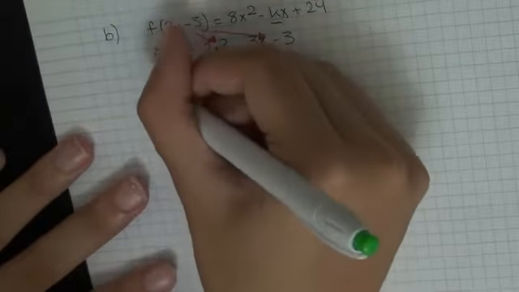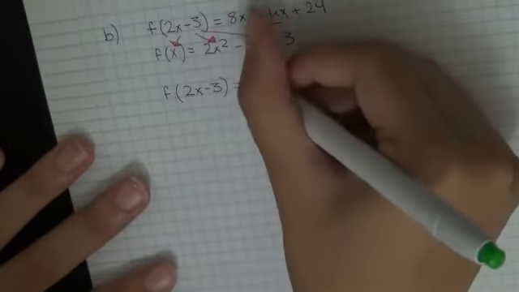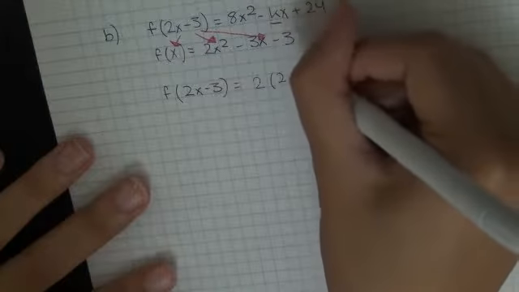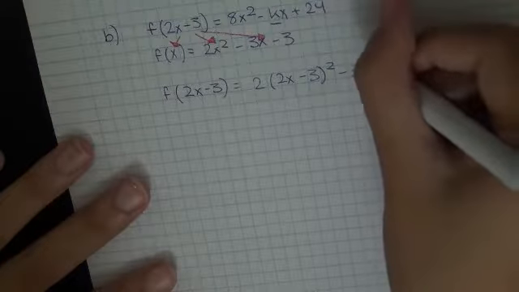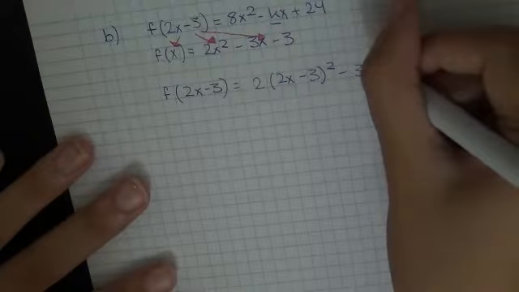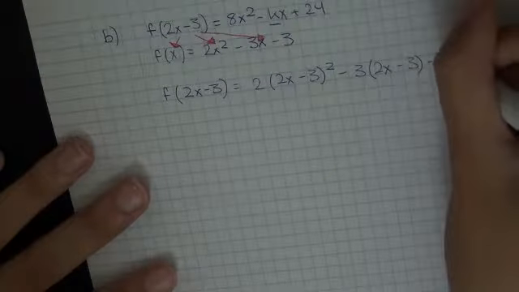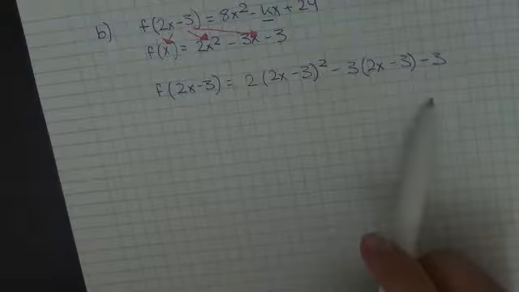We would get f of 2x minus 3 equals 2x minus 3 squared minus 3 multiplied by 2x minus 3 and minus 3. This will be our new equation.